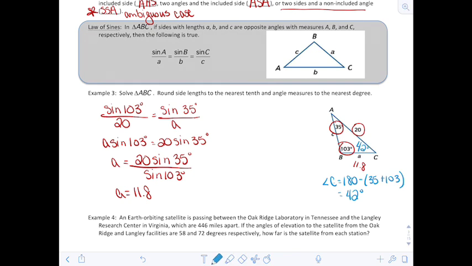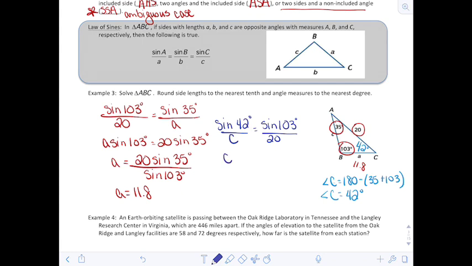Okay, so we have angle C, we have side A, and we need side C now. To find side C, we can take the sine of 42 degrees over side C, and that's equal to the sine of 103 degrees over 20.